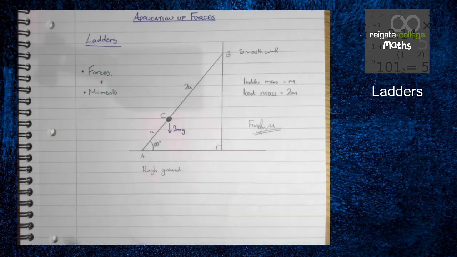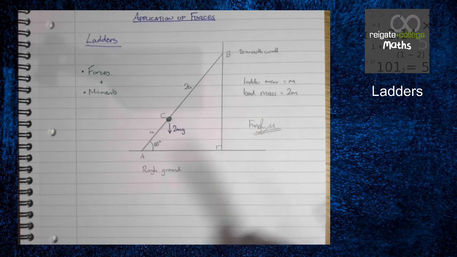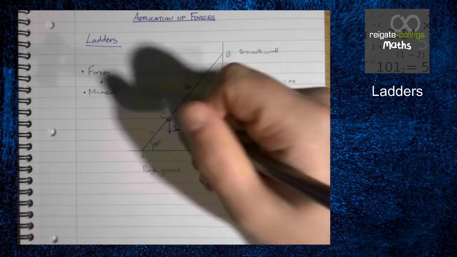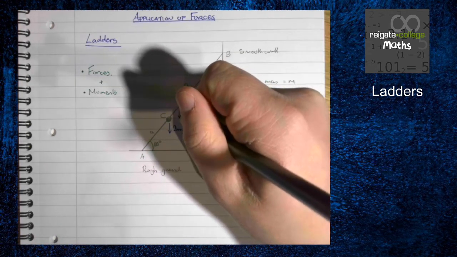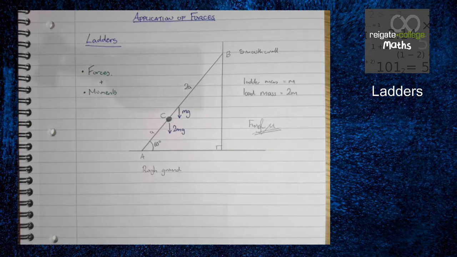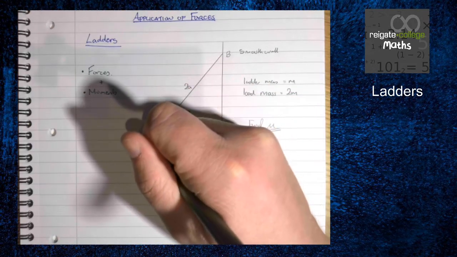Now the ladder we're saying is uniform. It's not necessarily going to be uniform. All that's going to do is put the center of mass in a different place. But for the sake of argument, we're going to say it's uniform, which means the mass of the ladder goes in the middle. Now just to make it easy for ourselves, let's label this distance.